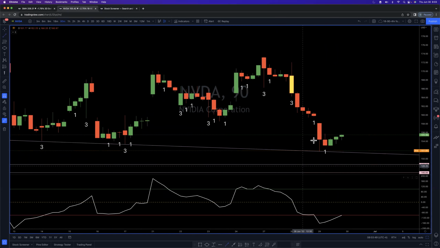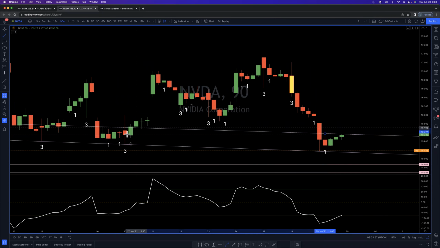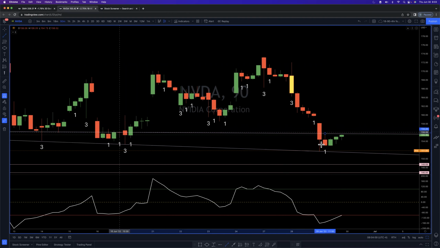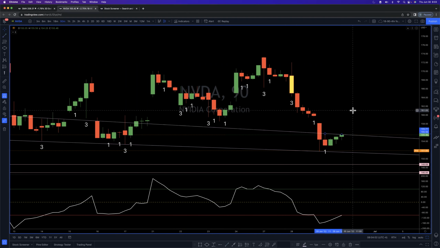It didn't take this, it closed below this inside bar. So I'm going to go here on this inside bar and say, if price trades back above this high, then there's a potential for this to go long, but we absolutely do not want to be inside this range.